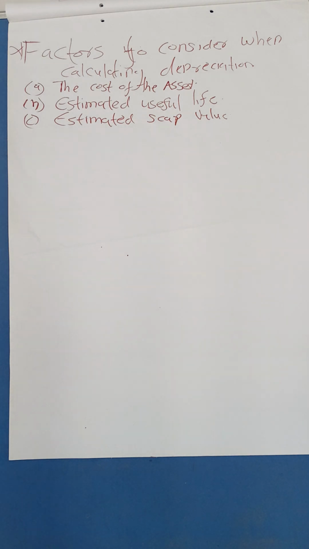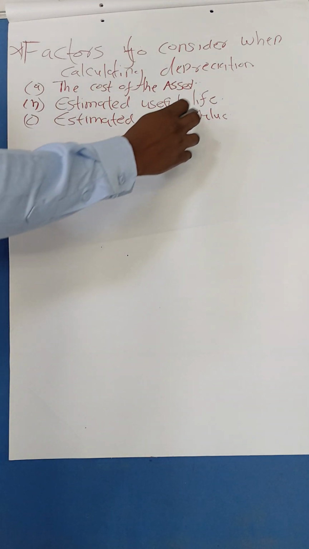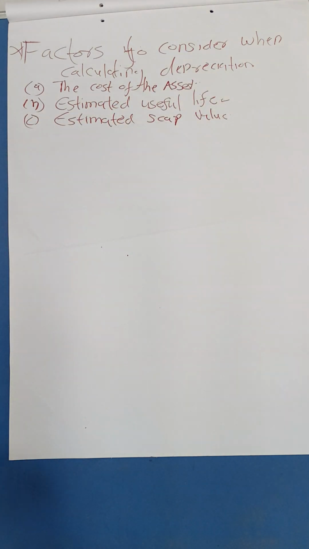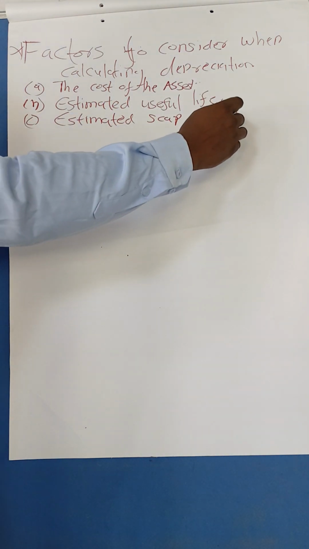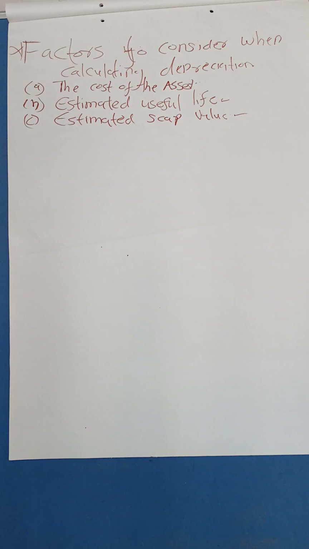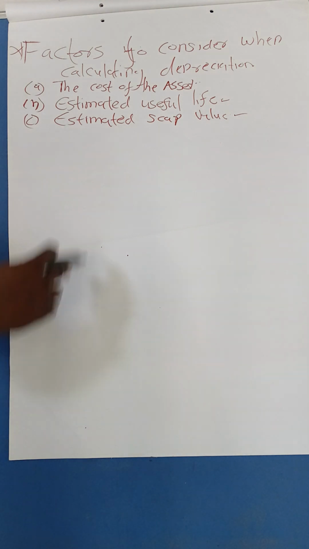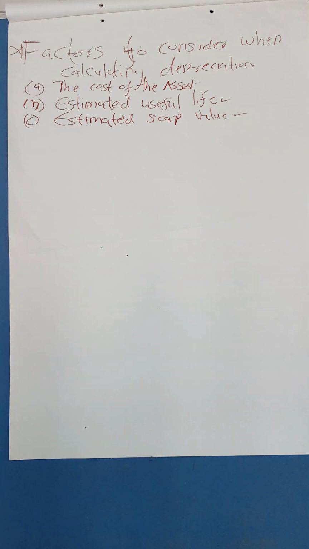Maybe the initial cost was 5 million, and you expected to use the vehicle for 5 years. Then after that, you expected to sell at maybe 3 million. So the 3 million is what we call the estimated scrap value.